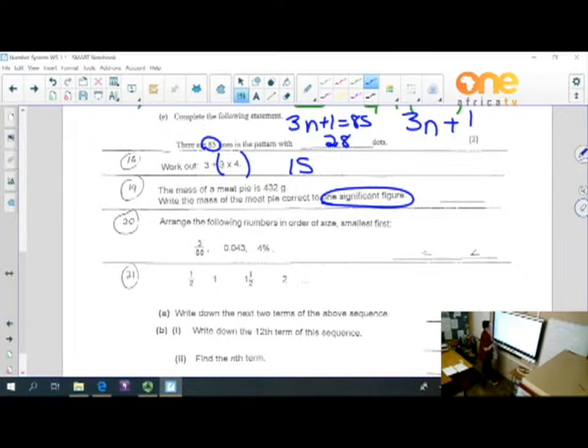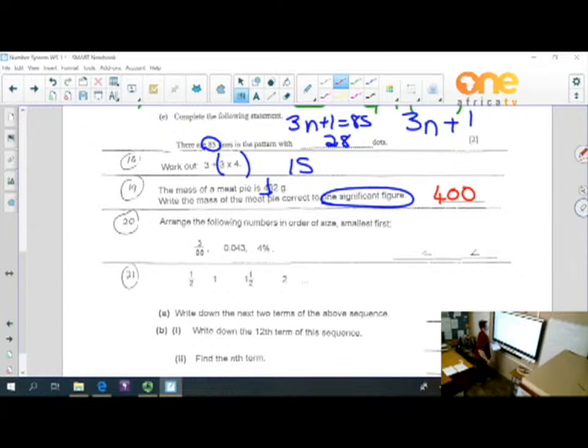Write the mass correct to one significant figure. This is where one significant figure is. So will the 32 influence that one? No, because it's not more than half. But I need to keep the place value. You can't throw that away. It's not 4. I must keep the place value.